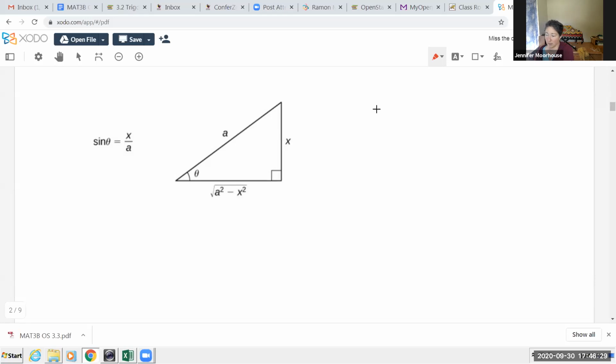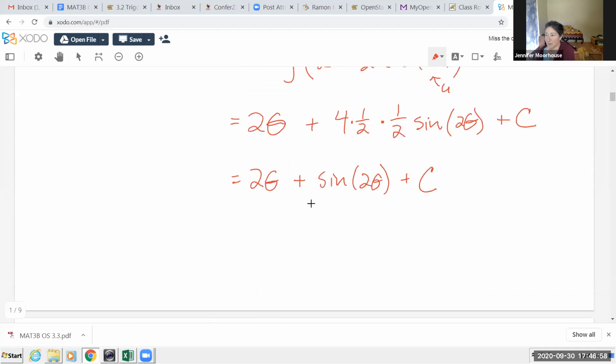You have a square root of a squared minus x squared, and that's this side of the triangle, and the other sides of the triangle are a and x, and sine of theta is the opposite over the hypotenuse, sorry. And so, oh yeah, that's what we're doing. I'm not quite with it this morning.